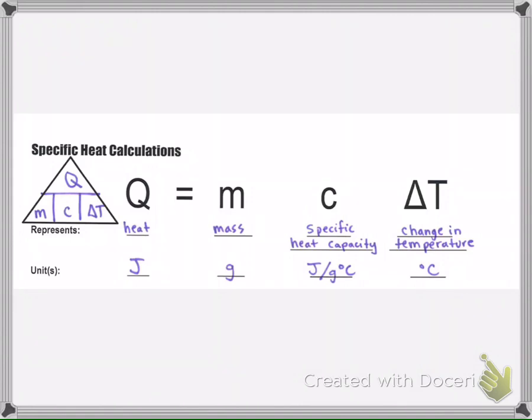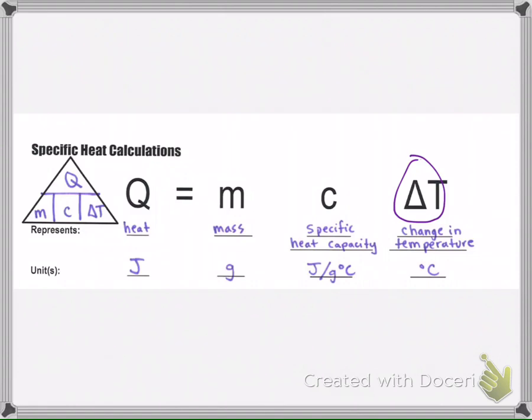What I'm going to focus on right now is these specific heat calculations. Sometimes it's called a calorimetry equation. A calorie is a unit of heat, so calorimetry is measuring heat. It's called Q equals MC times delta T. A lot of people abbreviate it Q equals MCAT, just because the delta symbol looks like an A. It pretty much stuck.